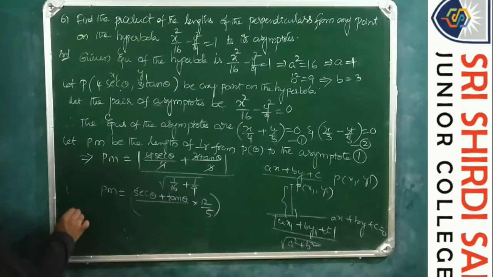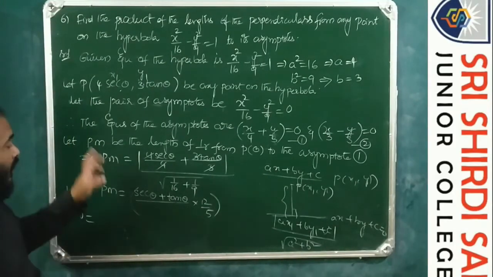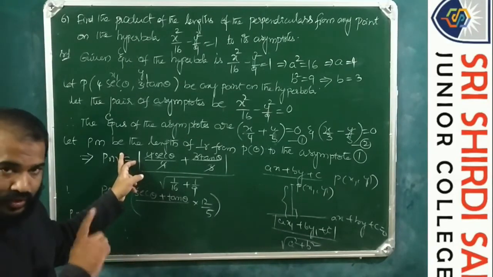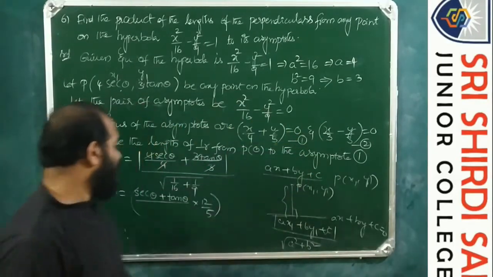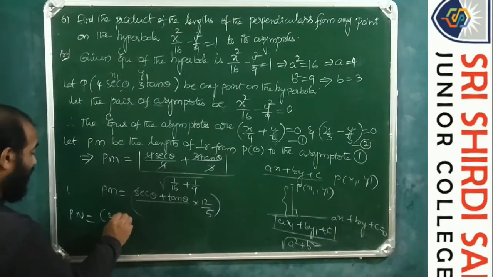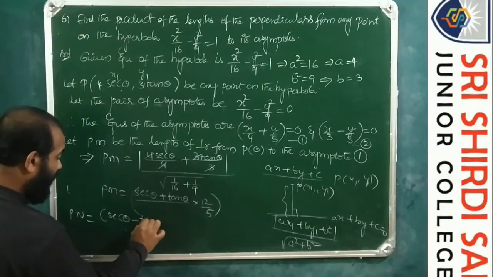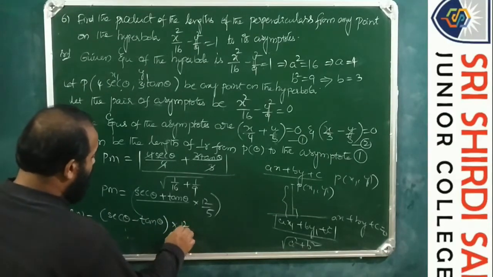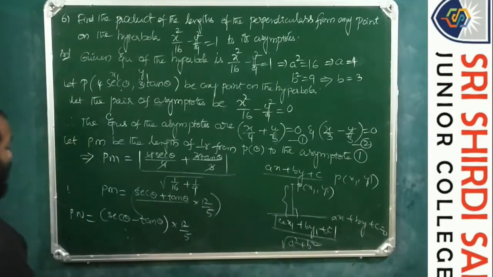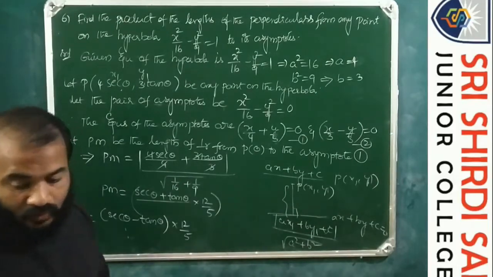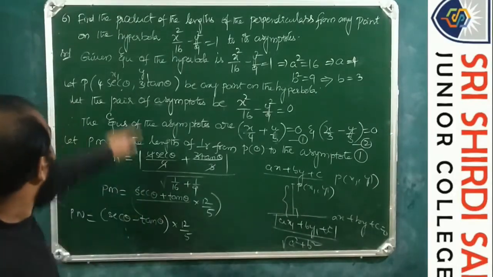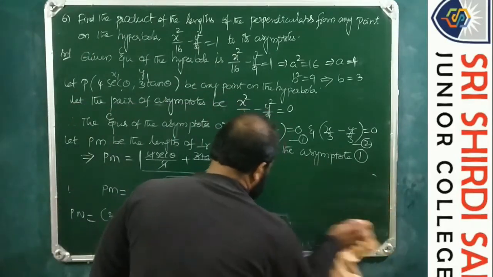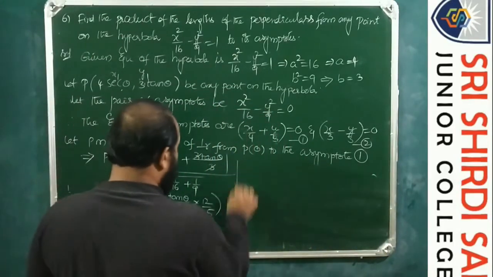So Pn is the length of the perpendicular, or the perpendicular distance, from the point P(x1, y1) to the other asymptote. So we will get secant theta minus tan theta into 12 by 5. The question is the product of the lengths of the perpendiculars, that means Pm into Pn.